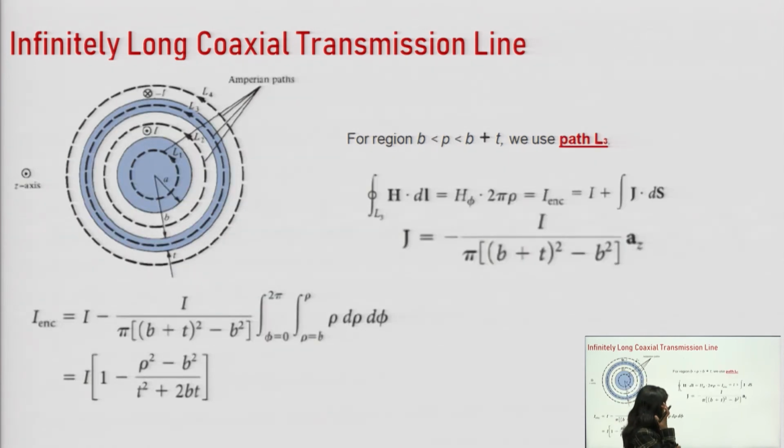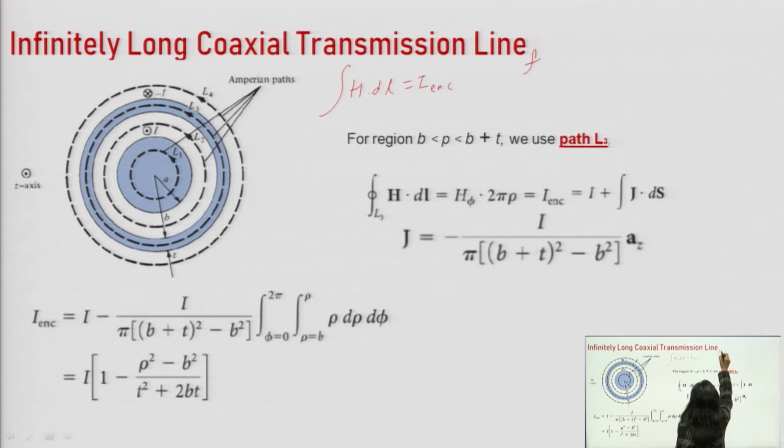So we will apply Ampere's law for different paths. First of all, according to Ampere's law, the closed integral of H dot dl is equal to I enclosed. So for path 1, this is our L1.